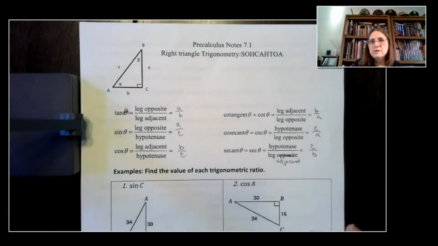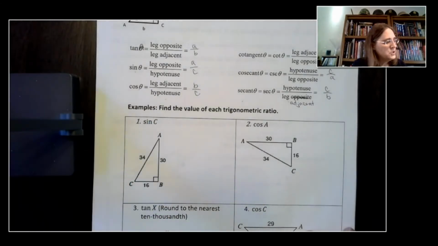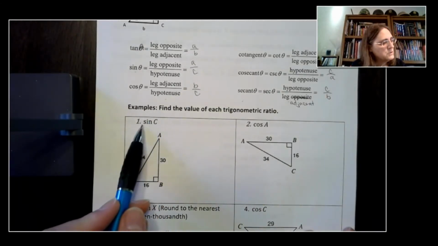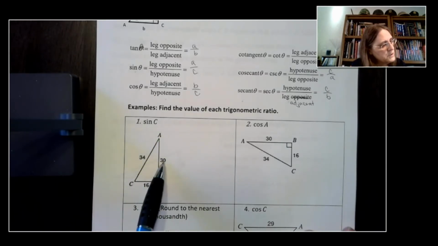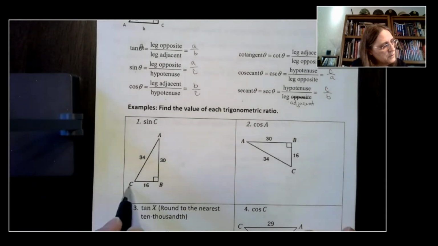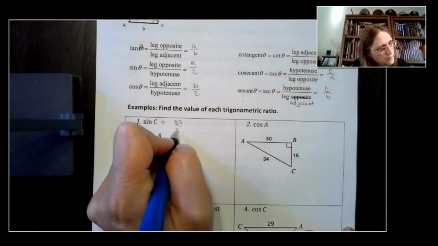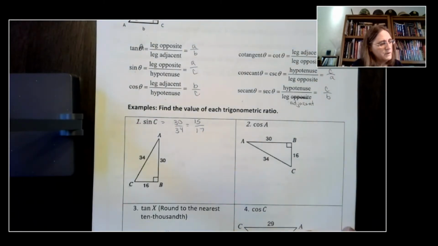Alright, so on each one of these examples, we're going to write a ratio for the sine of C, or the indicated ratio. So the sine of C is our angle here, and sine is opposite over hypotenuse, so the sine ratio is 30 over 34, and we always like to reduce that, so that's 15 over 17.